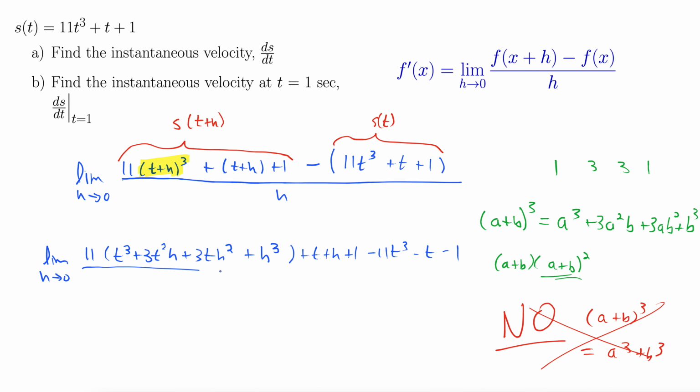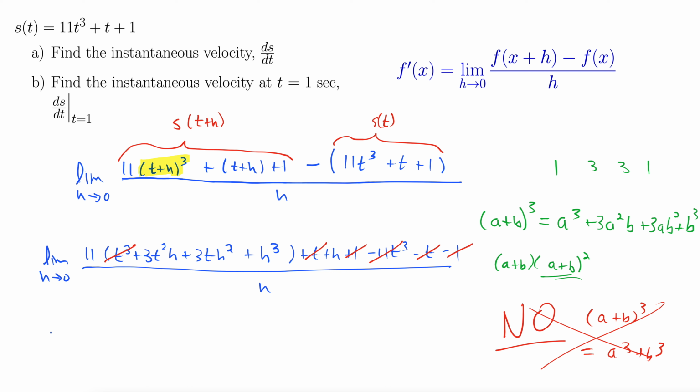Whew, all over h. We get some nice cancellation here. We have this 11t cubed, so I'm just going to cancel the t cubed because it's multiplied by 11, and we have minus 11t cubed here. We have plus t, plus 1, minus 1.